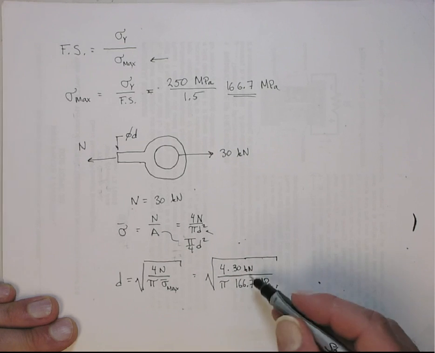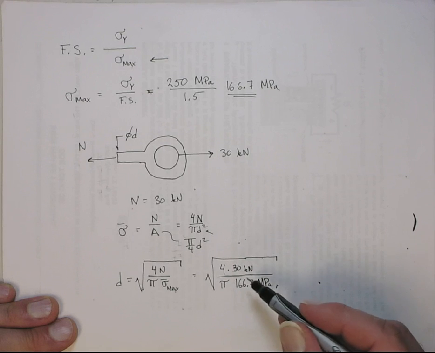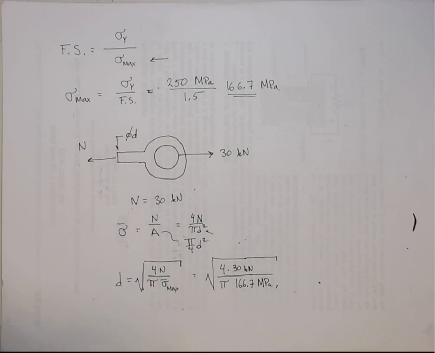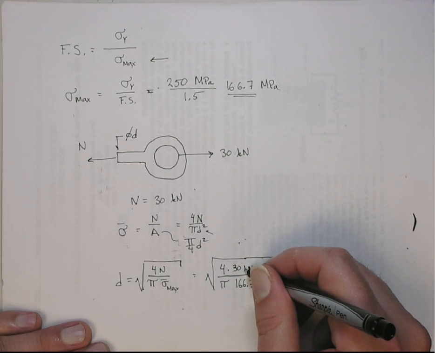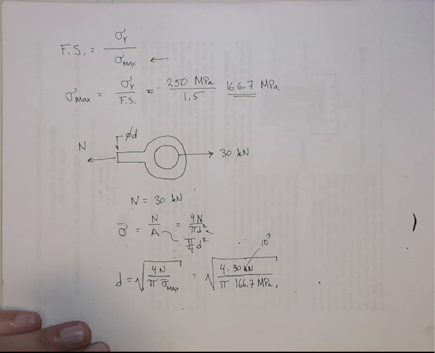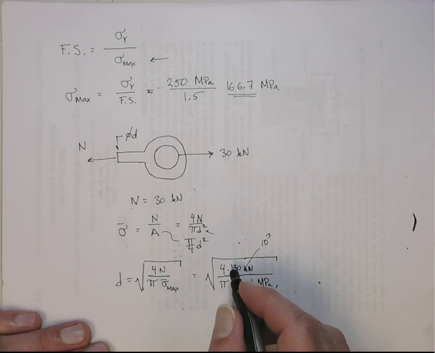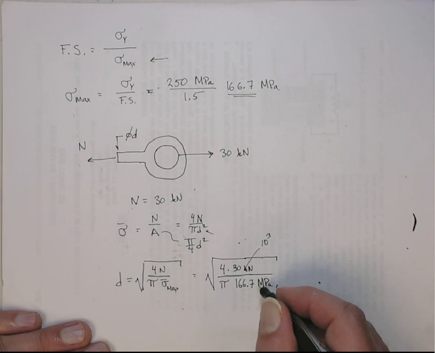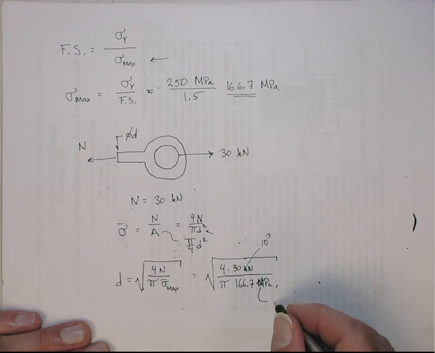We've got to be careful of our dimensionality of the units. So the easy way to do this is always to, instead of the k, put in a 10 to the third. So now this is newtons, 4 times 30 times 10 to the third newtons. And then here for the mega, we can put in 10 to the sixth.